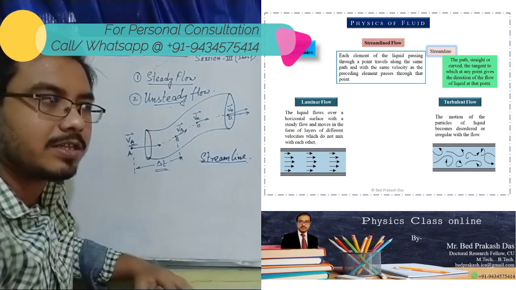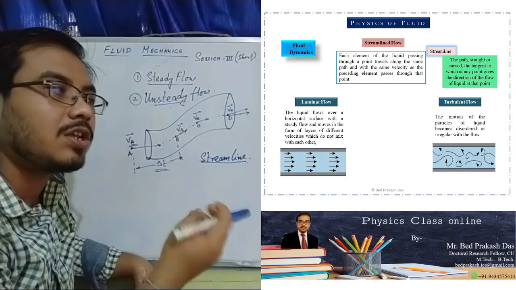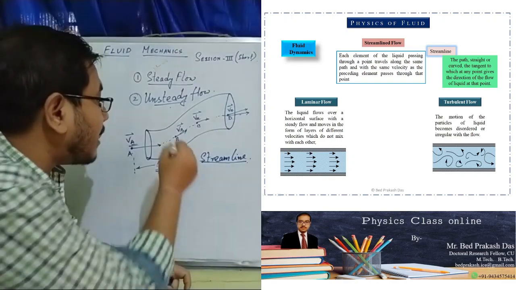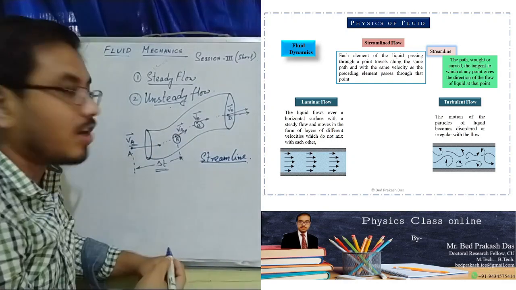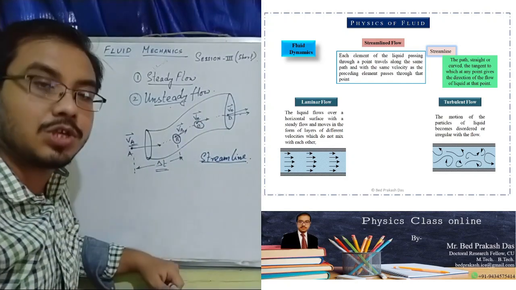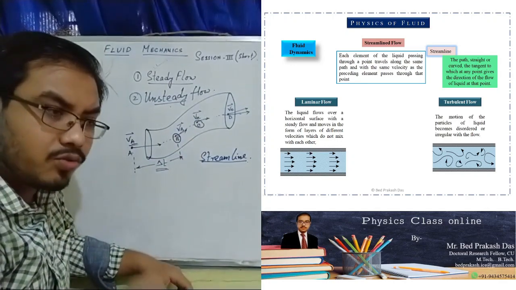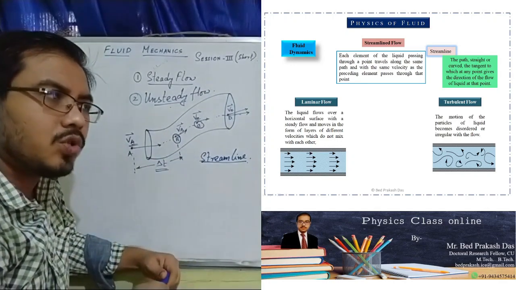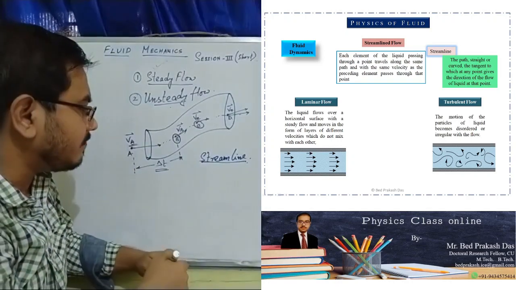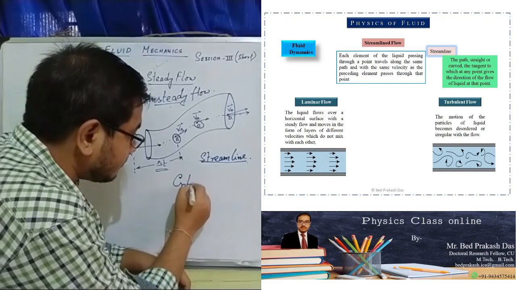From this discussion, we can conclude that the velocity of the fluid is basically a function of the fluid particle position, that is, the change of fluid particle position. The velocity has another very important term called critical velocity.